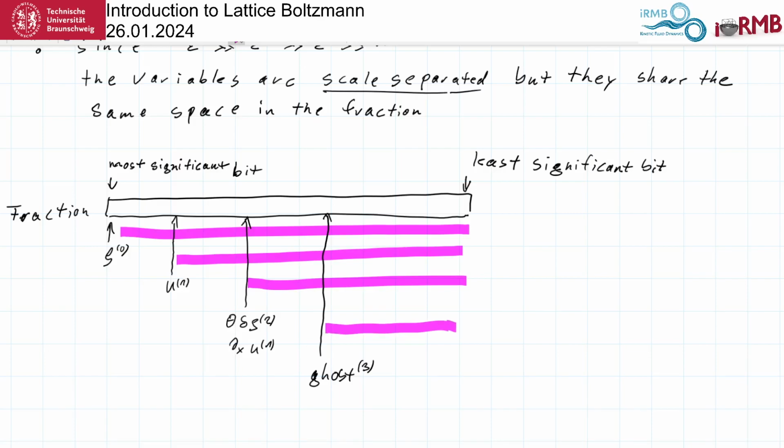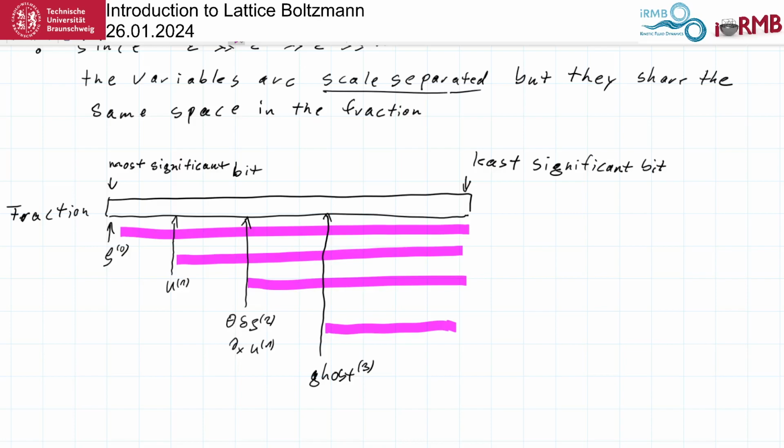So, in a sense, I noticed that I've drawn this picture a little bit too optimistic. In reality, we often see that the ghosts are very much at the end of this line, and that is very, very badly represented.